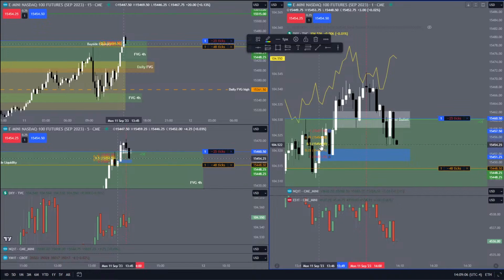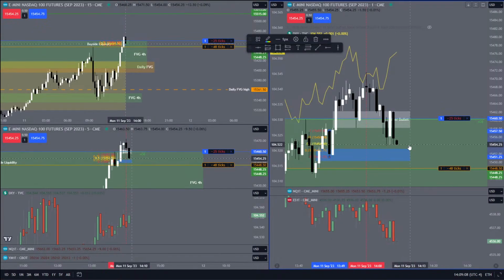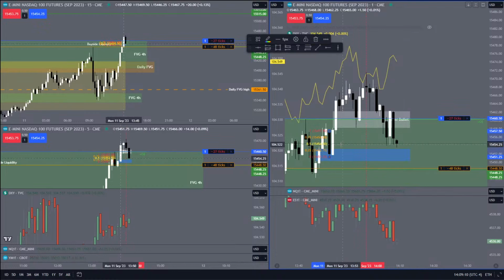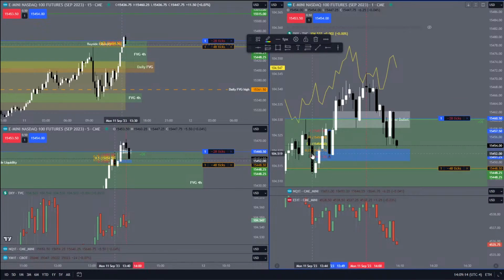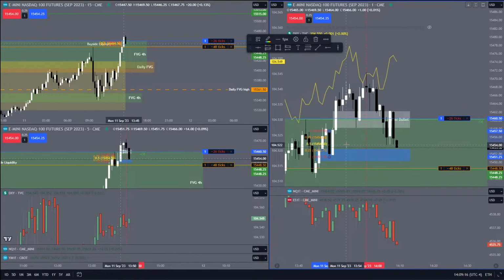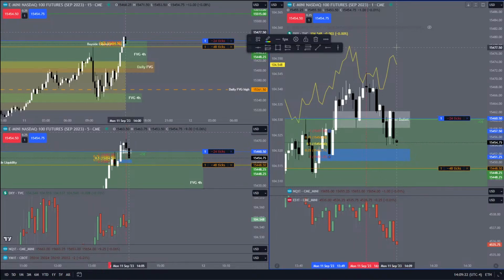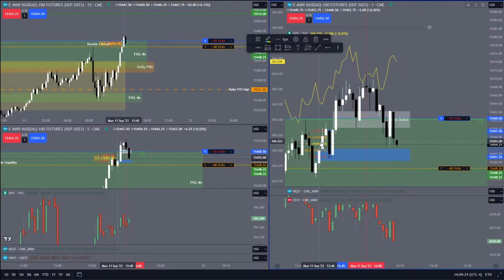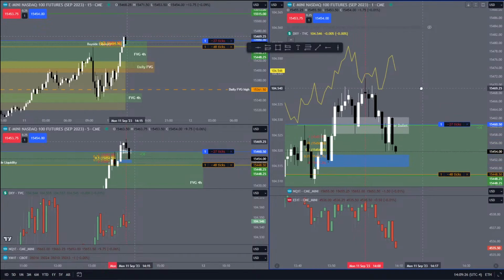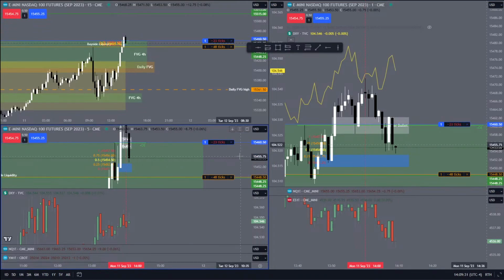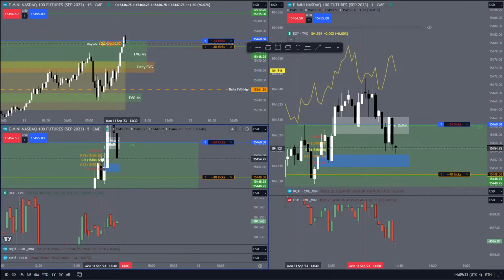You can see it's toying with the 50% level of this. It looks like a propulsion block. Okay, so still watching the dollar. Watching the 5 minute.